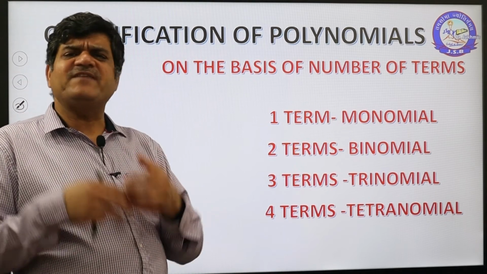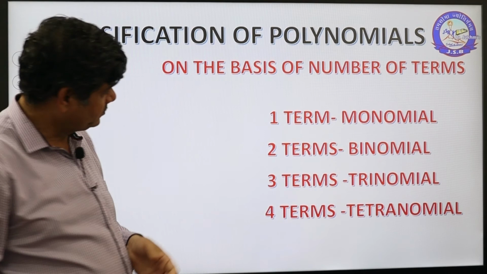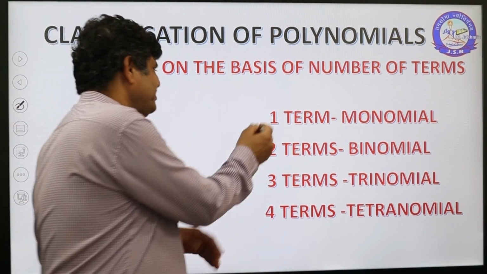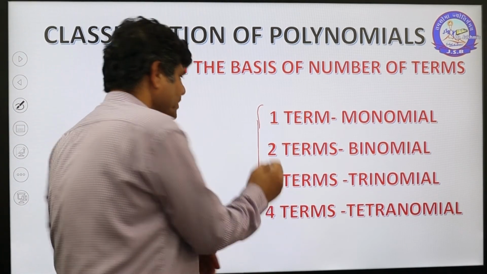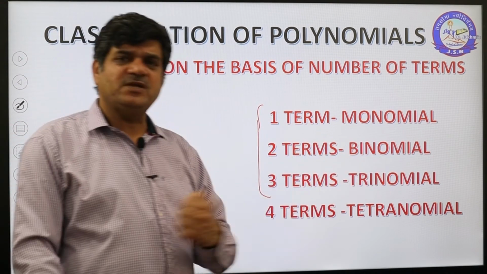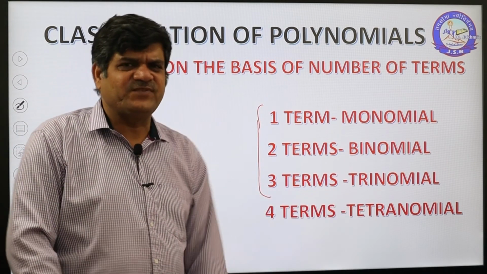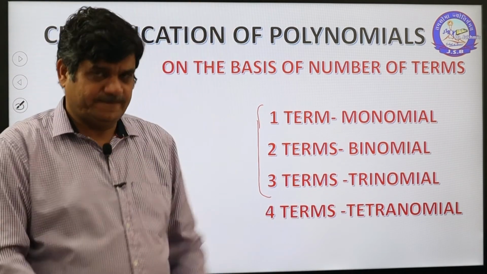So a polynomial may have any number of terms, 1, 2, 3, 4, 5, 6, 7, 8, 10, 20. In general, we use just these three words. If there is one term, we call it monomial. Two terms, we call it binomial. Three terms, we call it trinomial. And afterwards, we don't use these specific terms. We generally say it's a polynomial.